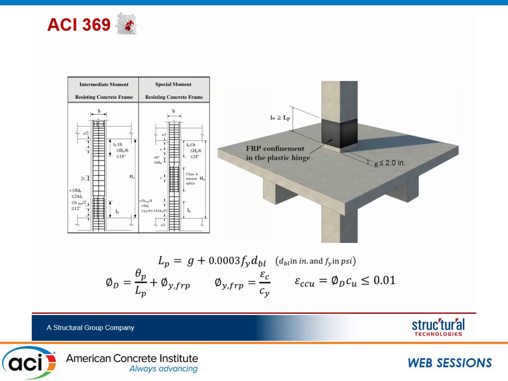The other thing was, instead of designing the FRP to make the confinement equal to what ACI 318 would require for a special moment frame, we established the actual demand on the columns. There is a procedure that we have used for years to design FRP for confinement, and now it's inside ACI 440. So we had the standard, we used that, and we optimized the design of FRP.